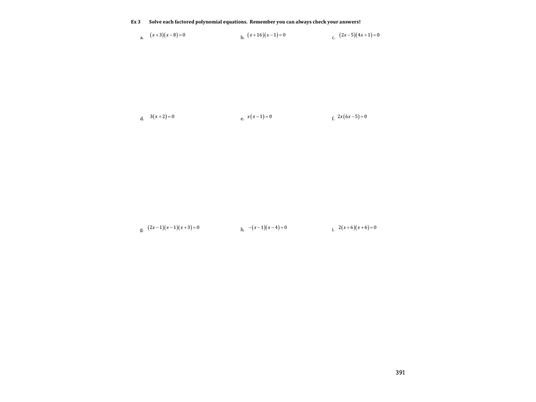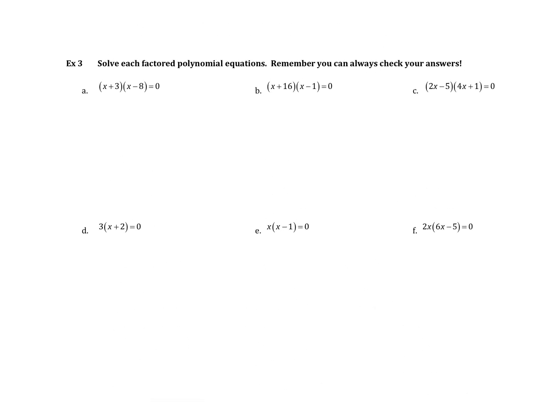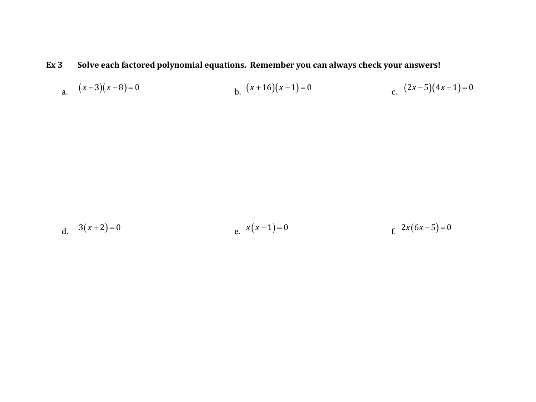All right, here we are on 391, and at the top it says solve each factored polynomial equation. Remember, you can always check your answers. So what we have here is essentially a problem that says a times b equals 0. The zero product property said that if a times b equals 0, then a equals 0 or b equals 0.